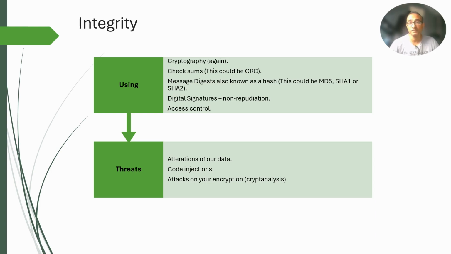And we maintain integrity by proper access control so that only authorized people have access to the data they are supposed to have. Like confidentiality, integrity also has threats, which are about data getting altered, code injection attacks, whereby code actually manipulates your data while processing it, and cryptanalysis as such, which is an attack on your cryptographic systems.